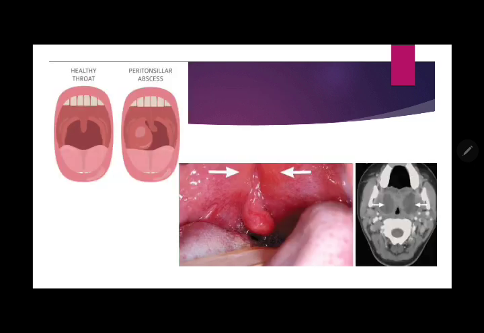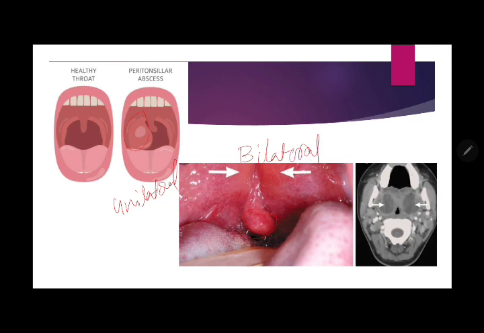Here you can see there is a deviation of the uvula. Mostly the peritonsillar abscess is unilateral, but sometimes it can present as a bilateral peritonsillar abscess.